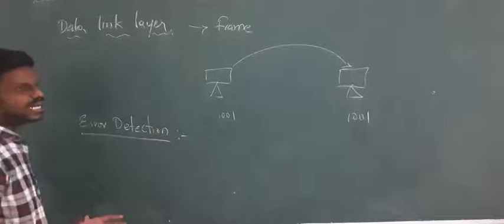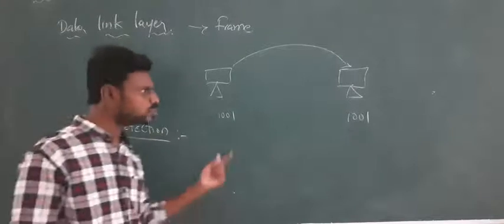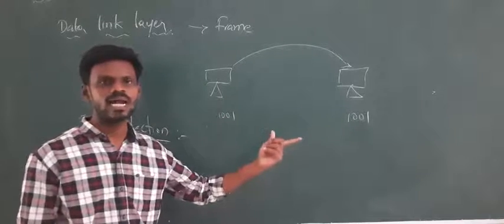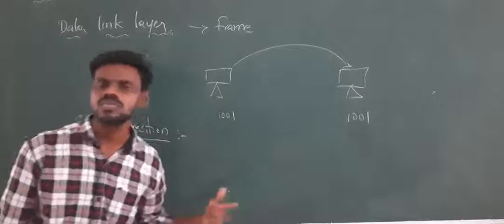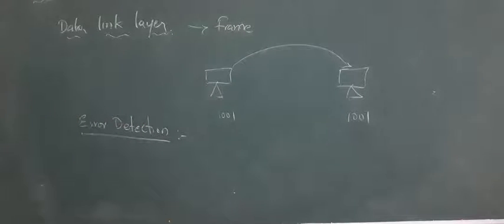When we are transmitting the data from sender to receiver, the fluctuations that we get in between are nothing but errors, which need not come while we are communicating with the other device. That will be taken care of by your data link layer.